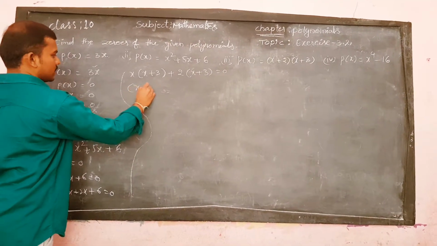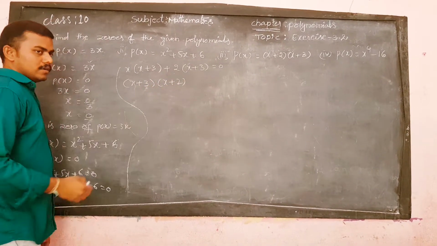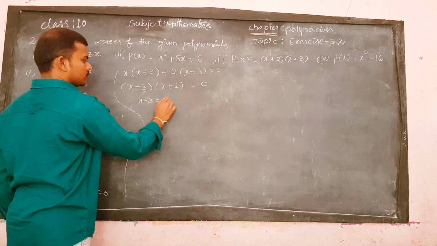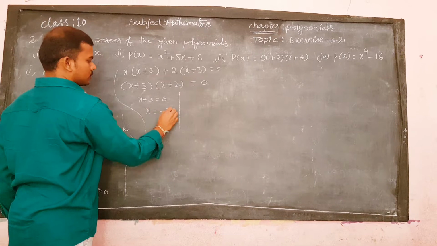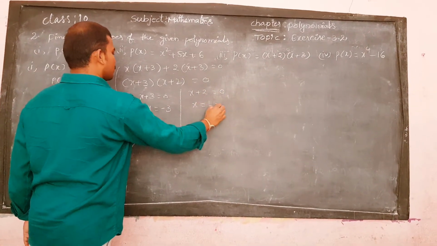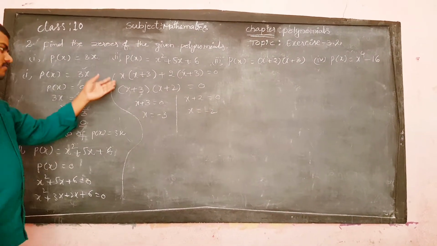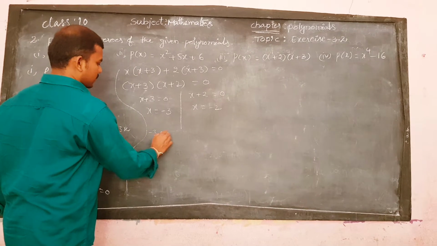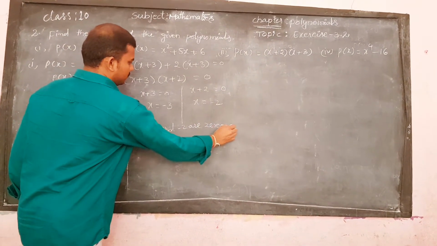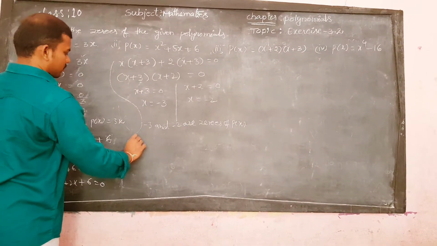So x plus 3 is common, and x plus 3 into x plus 2 equals 0. x plus 3 equals 0 gives x equals minus 3, and x plus 2 equals 0 gives x equals minus 2. So minus 3 and minus 2 are the zeros of p of x.